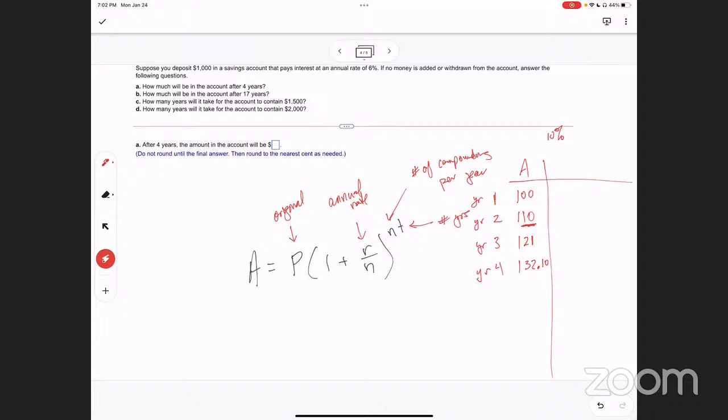So that's the third year you made $12.10, if I'm doing the math right. The first year you made $10 in interest. The second year you made $11 of interest. The third year you made $11.10 of interest. And it will continue like that every year.